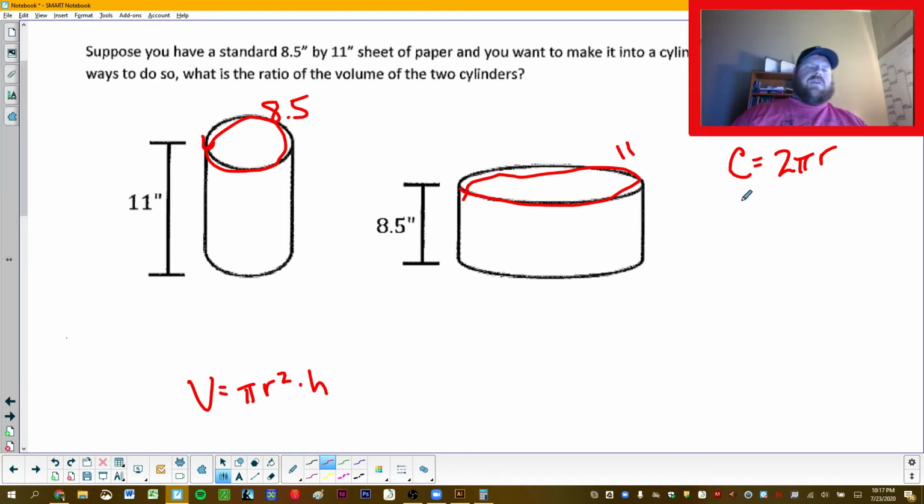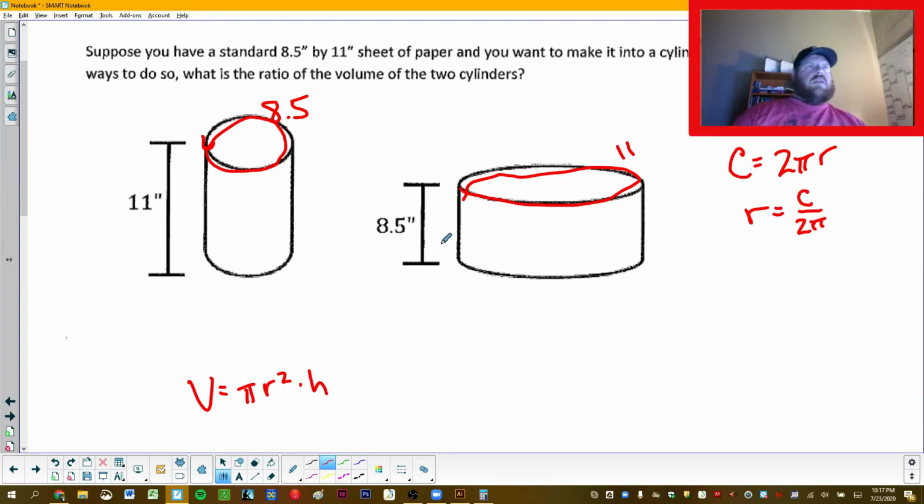So if I just divide by 2 pi, I know that the radius would be the circumference divided by 2 pi. And in this problem, it actually doesn't matter what you use as pi. As long as you use the same thing, you will get the same ratio.